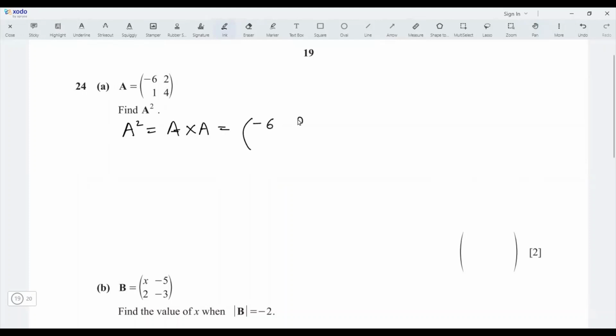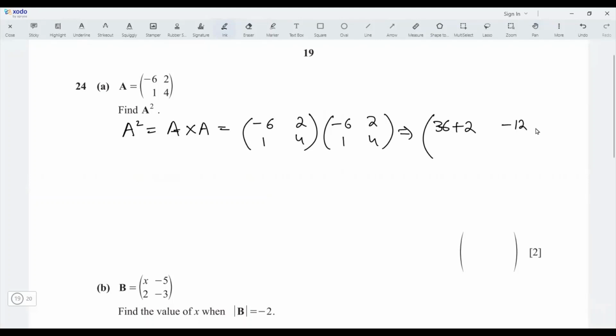So minus 6 times minus 6 and similarly 1 times 4. The same matrix will be written here. So what we have to do, we have to multiply row-wise here. Minus 6 times minus 6 becomes positive 36, and this 2 will be multiplied with this 1. It becomes positive 2. Similarly, same row and other column: we have to shift to the second column. Minus 6 times 2 is minus 12.